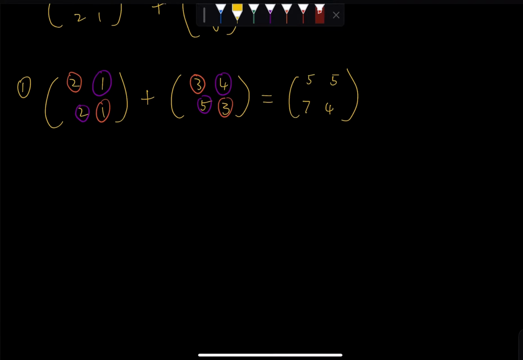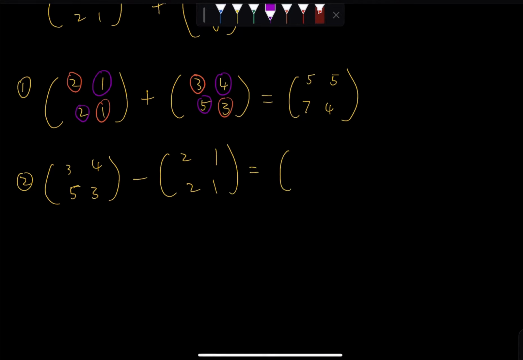And basically, subtraction is just the same. So if I was to take the matrices and subtract them, then you do the same thing. You just say the first one minus the first one. So that's 3 minus 2, that's 1.